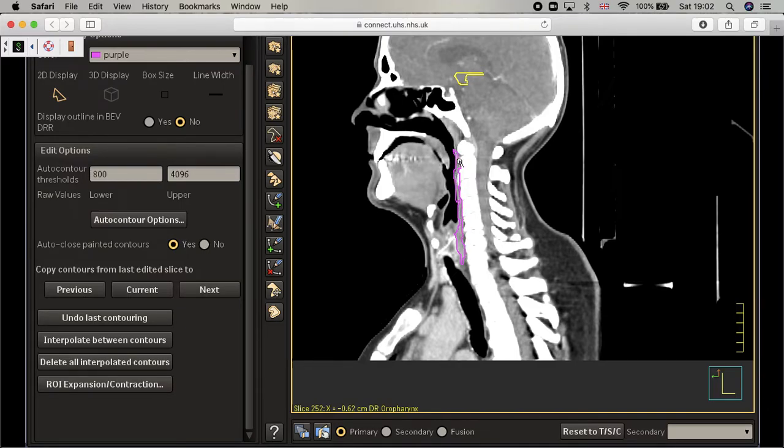So the superior constrictor may end at C2, the middle pharyngeal constrictor you can take up to C3, but honestly, as we said, there is an overlap between the middle and the superior, and between the middle and the inferior, and that's why some people would just draw it like that.